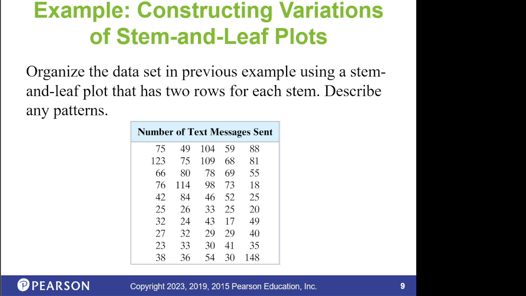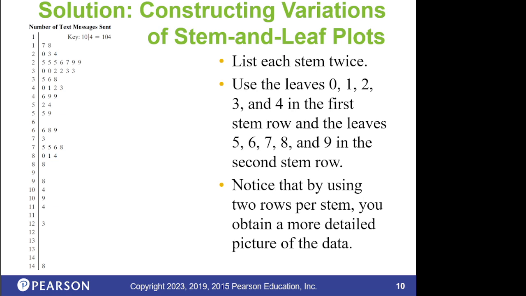Now, we could look at the previous data and we could decide to get more rows out of it. We could divide by 5s. And so we could do this by being the first one from 0 to 4, from 10 to 14, and from 15 to 19.